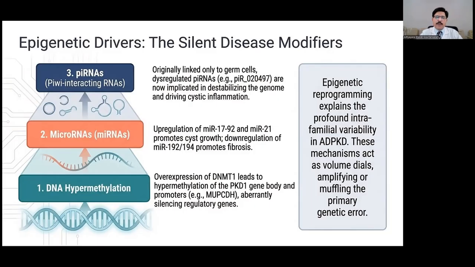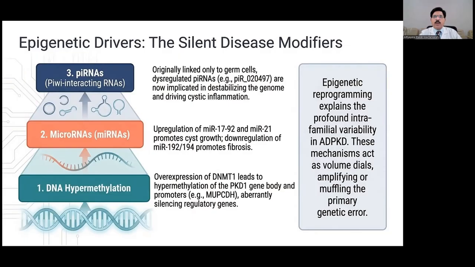So once the DNA hypermethylation occurs, the PKD1 gene is silenced. The second one is upregulation of the miR-17~92 cluster and miR-21, which promotes cyst growth, and downregulation of other miRNAs, which promotes fibrosis.